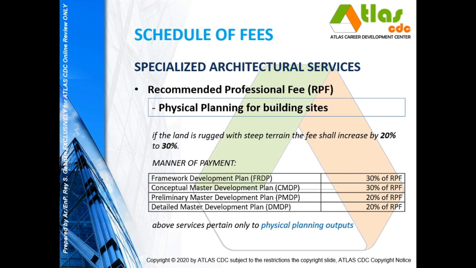The conceptual master development plan, or the CMDP, the architect will be paid 30% already of the professional fee, and upon completing the preliminary master development plan is the next 20%, and after completing the detailed master development plan is the final 20% of the professional fee.